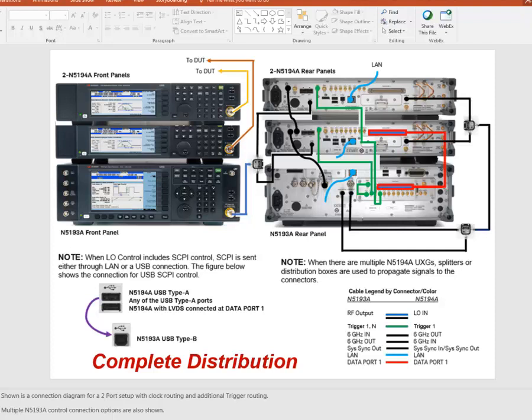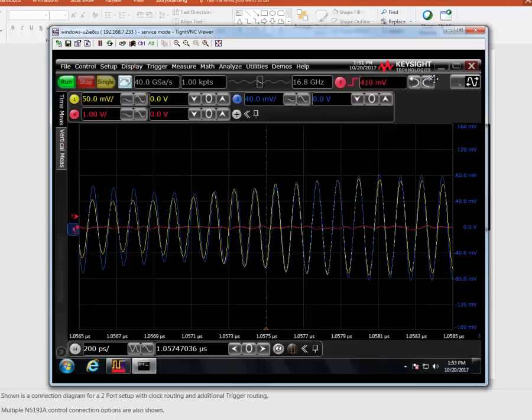The configuration that I'm working with is a continuation of an earlier video, but essentially it's two 5194A vector UXG signal generators sharing a common N5193A UXG signal generator. The outputs of both of these devices are connected to channels 1 and 3 of a high bandwidth Keysight oscilloscope.